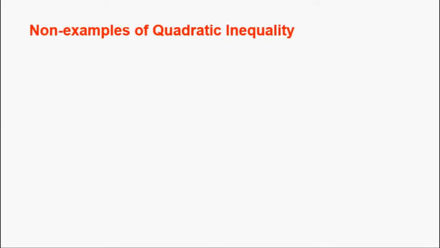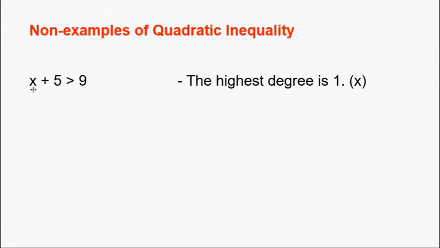Ito naman yung mga non-examples or not considered as quadratic inequalities. So we have x plus 5 is greater than 9. Kahit na greater than yung symbol na ginamit dito, the reason is that the highest degree is 1. So dapat squared. Okay? Or ang highest exponent ng ating variable ay dapat 2.